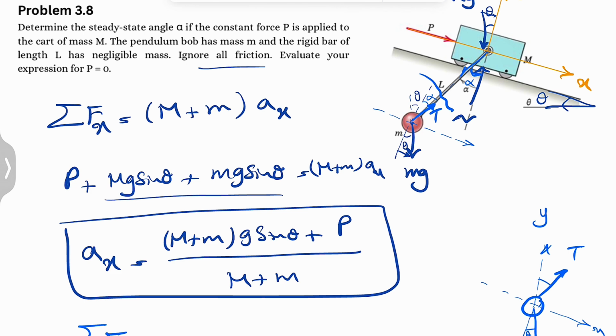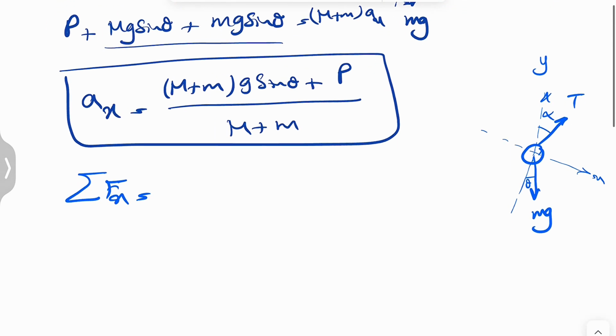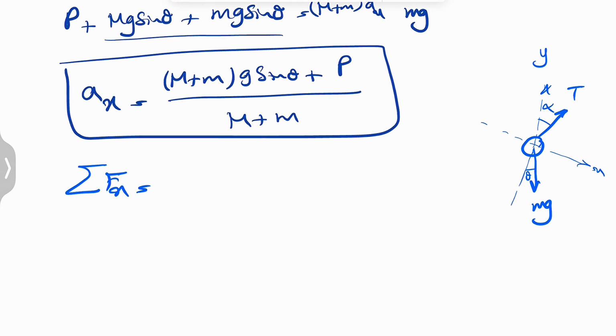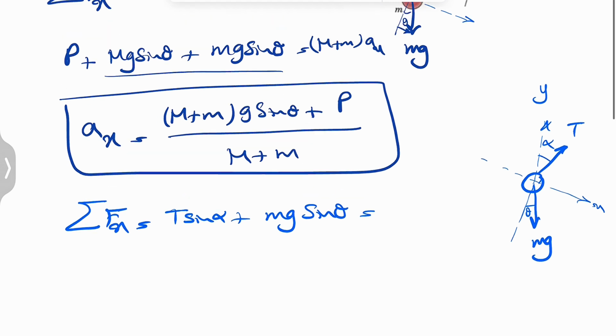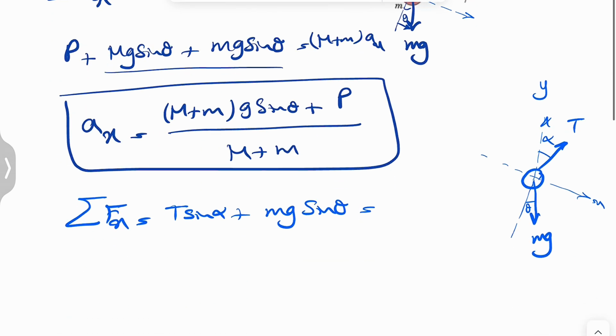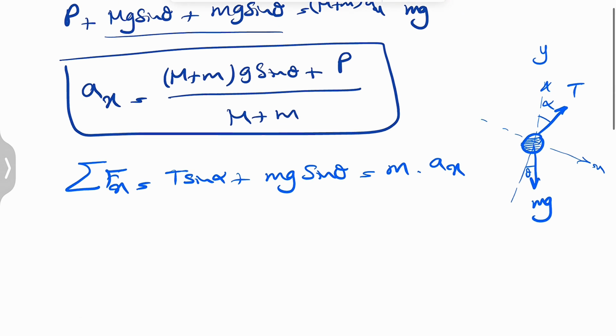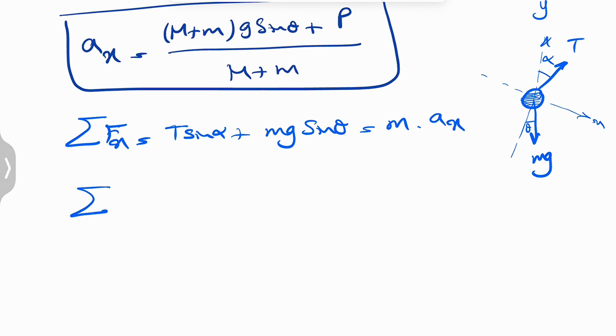So here is also alpha, which means this angle here is alpha. So x direction, we obviously have T sine of alpha positive. We have also mg sine of theta, which is also positive, and this is going to be the same acceleration as the cart. So this time we only have the mass of the bob, and our ax would be basically the same thing. So that's the first equation.